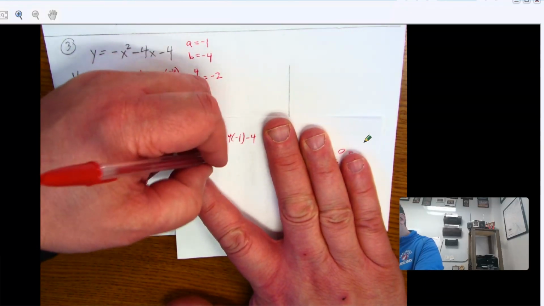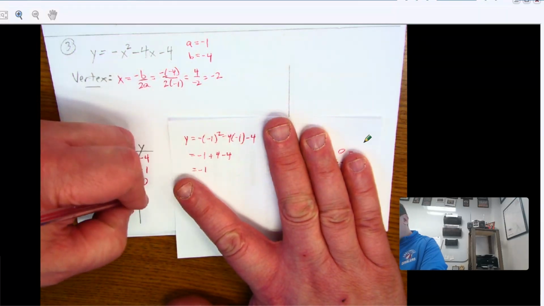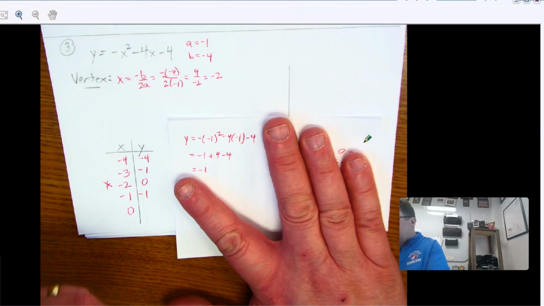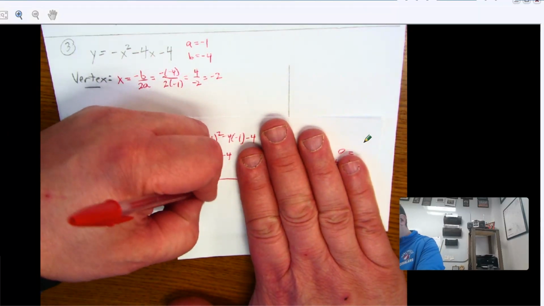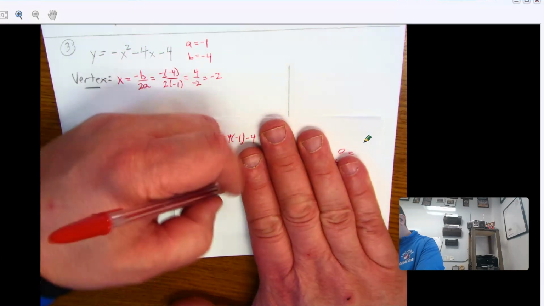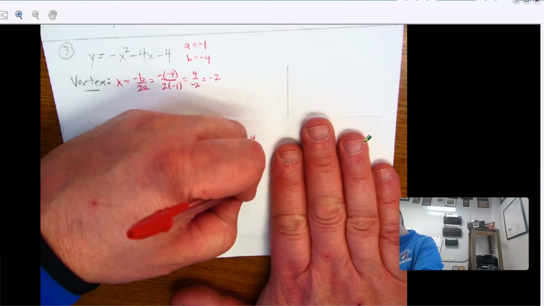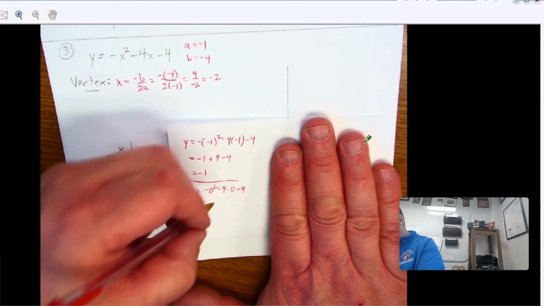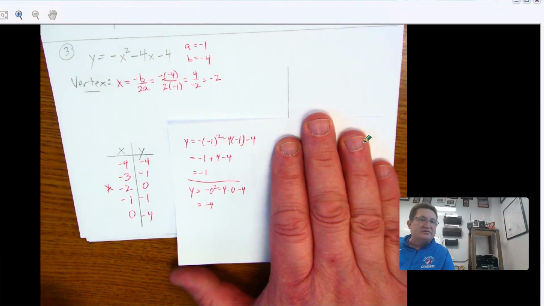So this works out to be -1 plus 4 minus 4, which in fact is -1. So that's exciting. And when we plug a 0 in, plugging in a 0 is really about as convenient as it gets. You'll get 0 minus 4, and so that's -4. Okay, and so those are the points we found.